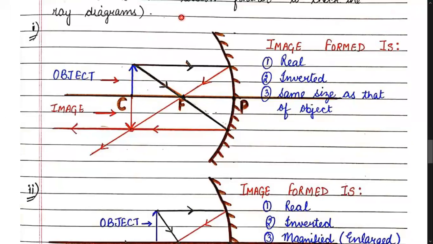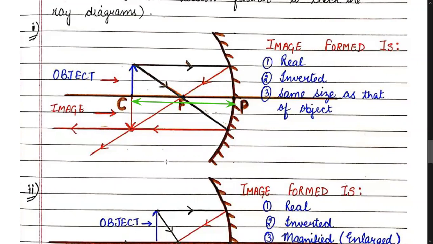Now students, while drawing the ray diagram, I repeat one more time the special instruction: the distance between pole and center of curvature is actually double the distance between pole and focus. Or you can say that the distance between pole and focus is half of the distance between pole and center of curvature.